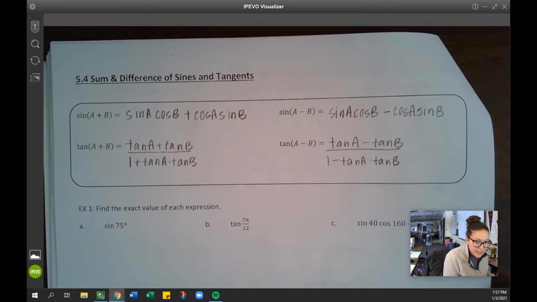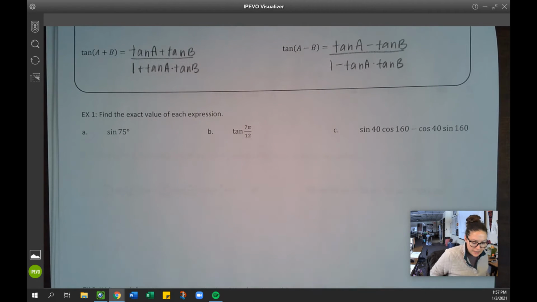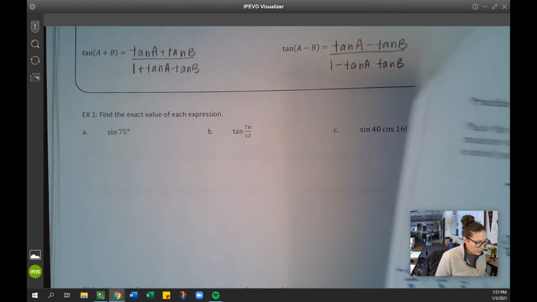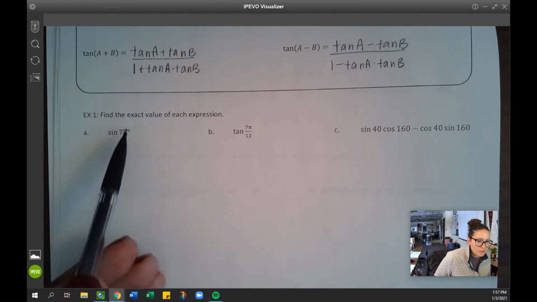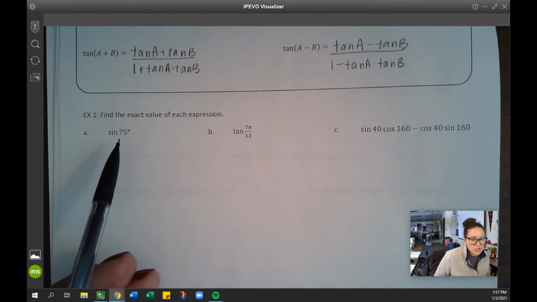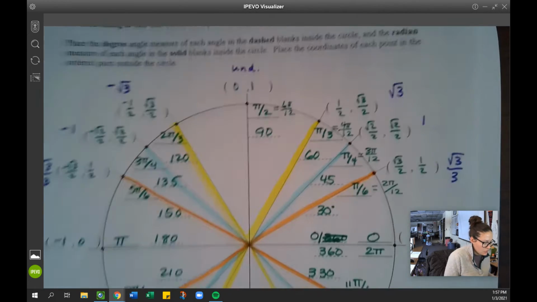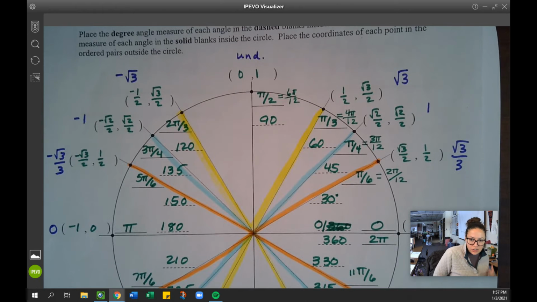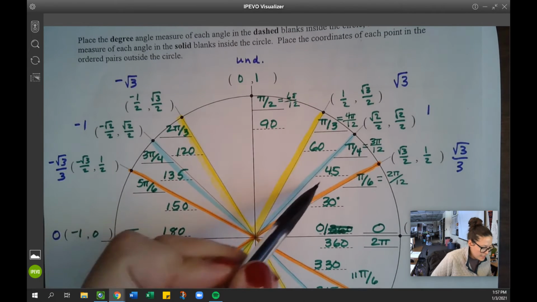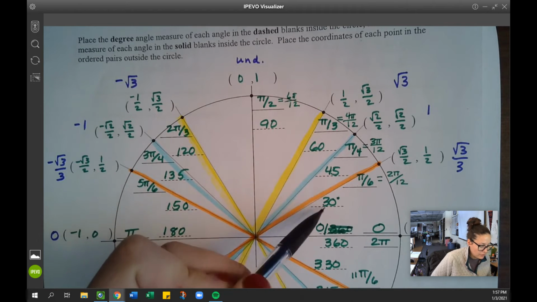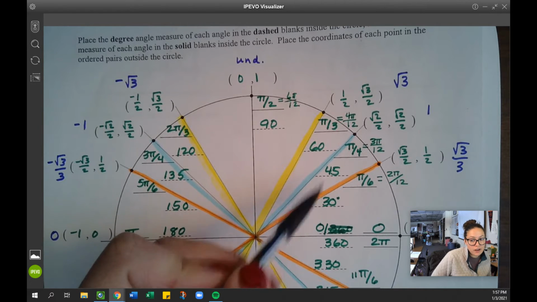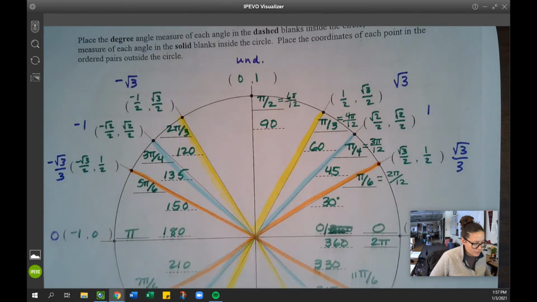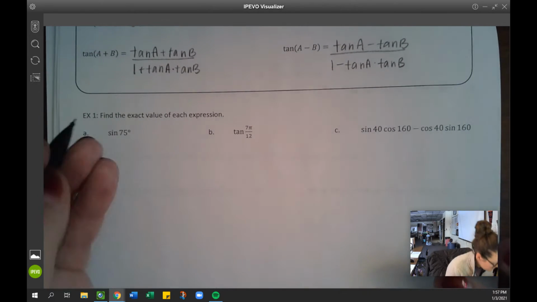All right, sine 75. Again, if you don't have your unit circle nearby, you might want to grab it. We want to be able to figure out how we can get to 75 using the angle measures that we have. So right away, I see, hey, we have 45 and 30, and I know that if I do 45 plus 30, that gives me 75.